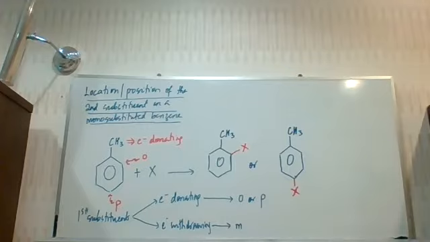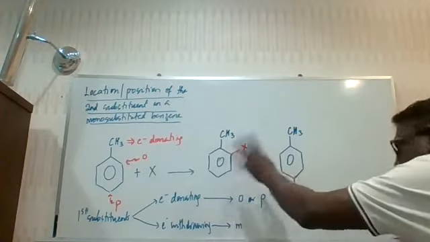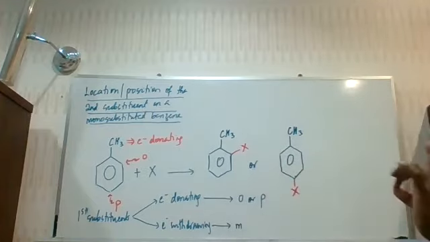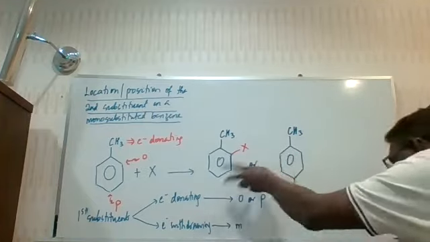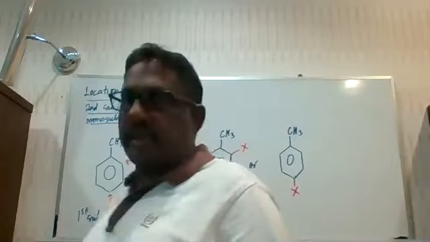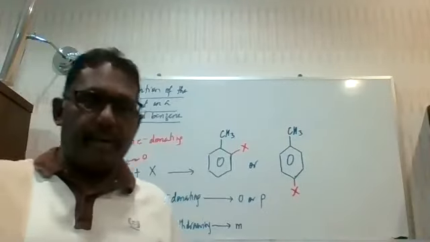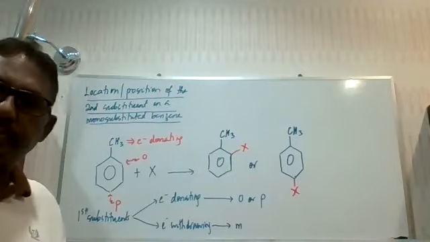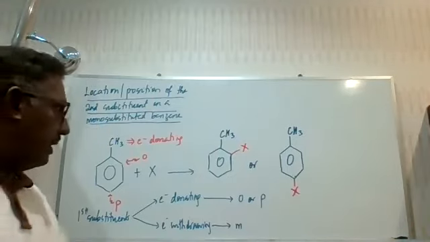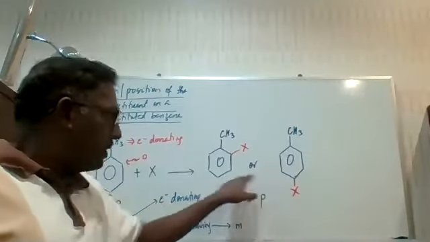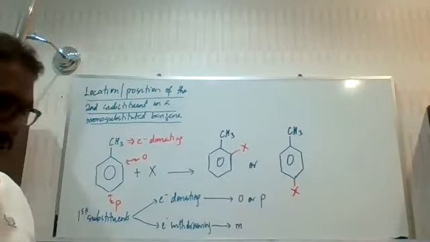Now earlier I told you, although both are correct answers in the exam, you must give both, otherwise you lose 1 mark. But between them, one is favored more than the other. So can anybody tell me which one? Which one is favored, the ortho or the para? That means they're not of equal probability. Ortho or para?